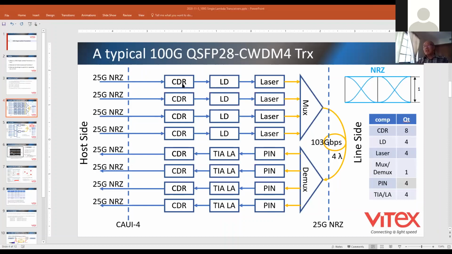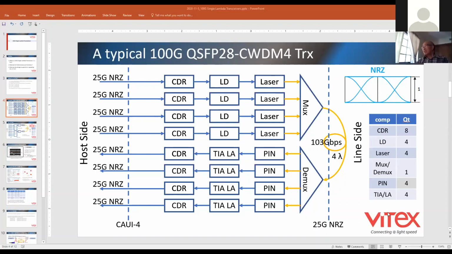I have to emphasize, 4 pairs of CDR and 4 pairs of laser drivers into lasers. The laser can be EML or CWDM or DFB, and then goes through a MUX. Then on the receiver side, there is a DEMUX, a PIN, the TIA, and limiting amp, and CDR, and going back to the host side.